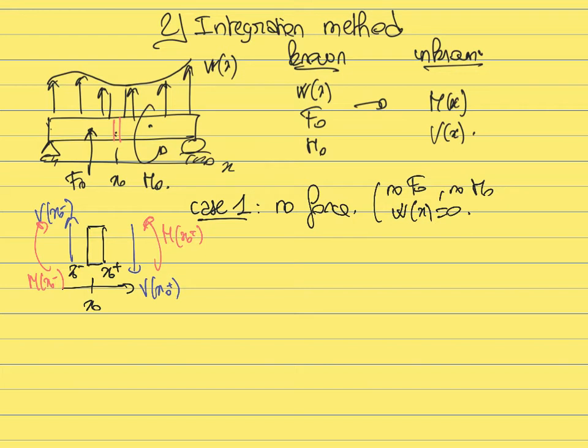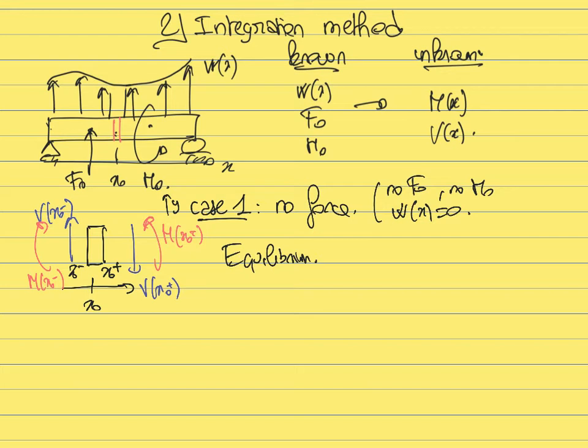And so now what we are going to do is write the conditions of equilibrium to find the relationship between the shear on the left and the shear on the right, and the moment on the left and the moment on the right. There is no force along the x-axis, so we first write that the sum of the projection of the forces along the y-axis is 0.